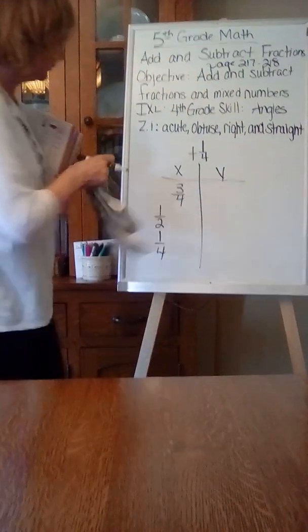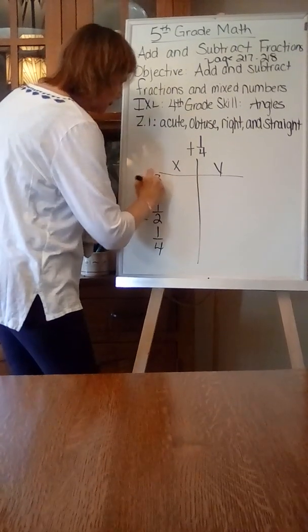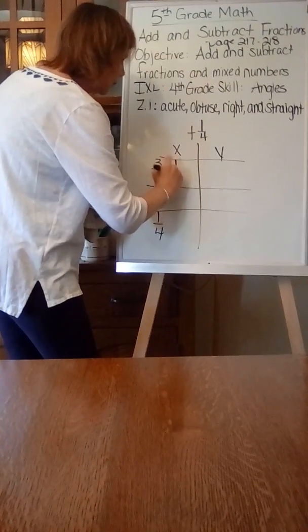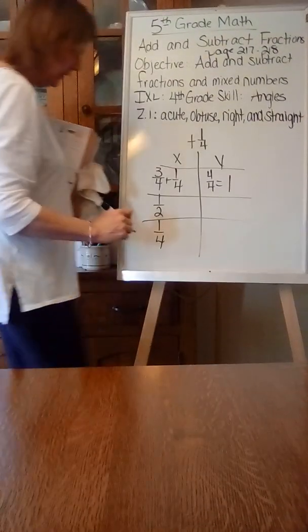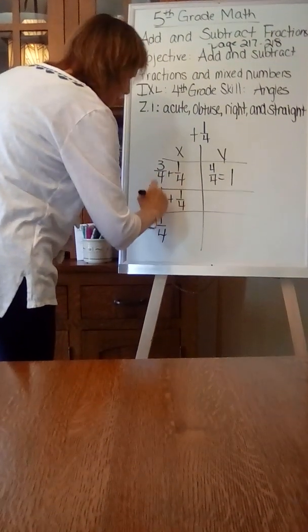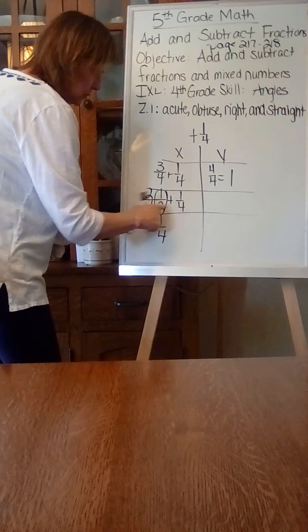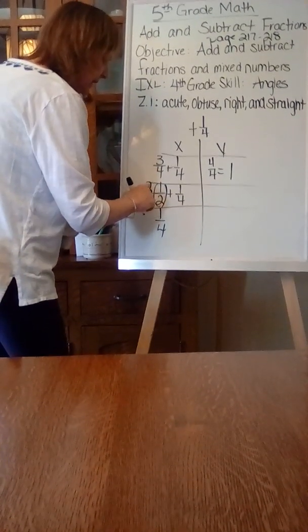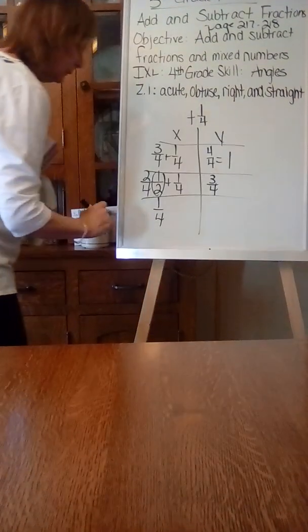Let me move this 3/4 over so I can add on this side. All right, if we add 1/4 to this guy, we get 4 over 4, which equals 1. If we add 1/4 to this guy, I've got to make him common denominator. 2 times 2 is 4, 1 times 2 is 2, so now I can add 2 plus 1 is 3/4.